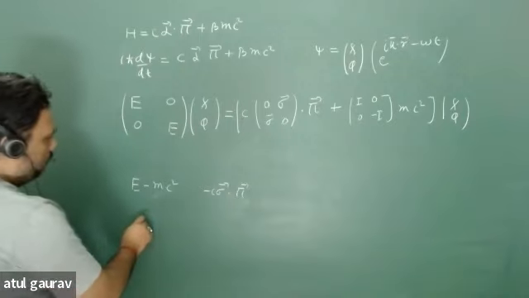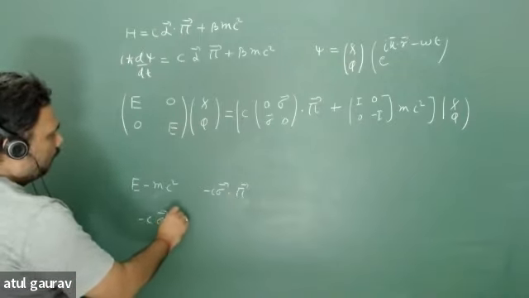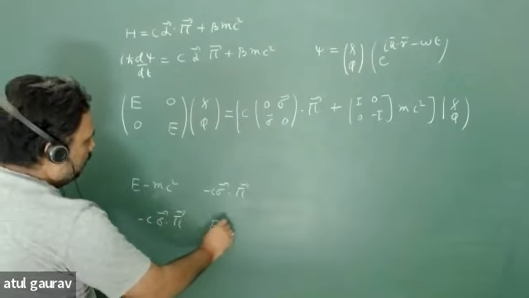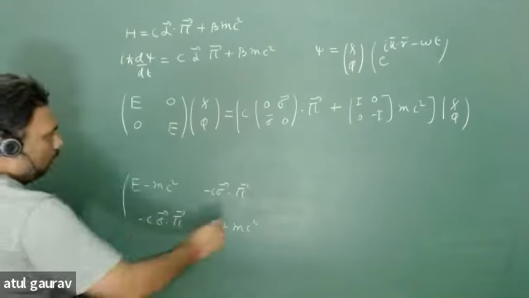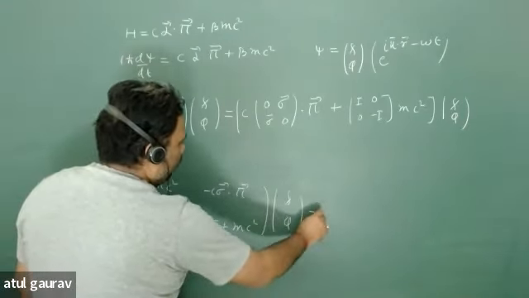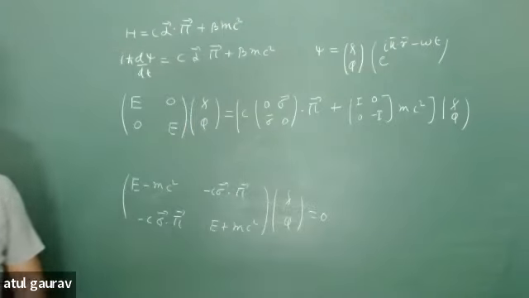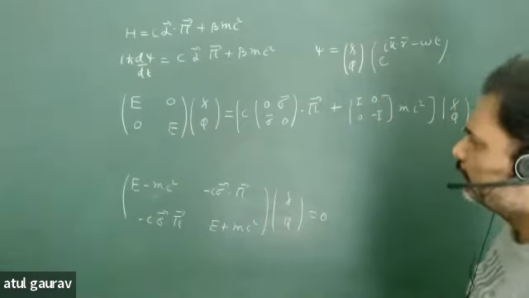And this value is minus c sigma dot pi, and this value is E plus mc square, and we have chi and phi that must be equal to what? 0. Clear है ये? Now we just want to solve these two equations simultaneously.